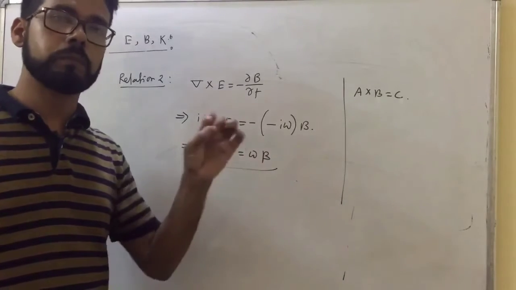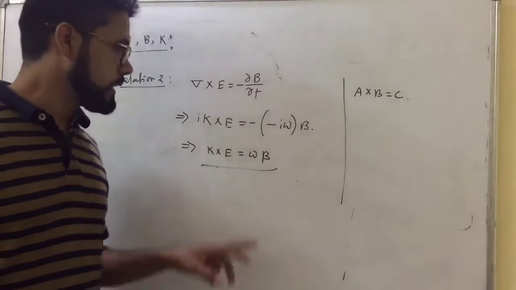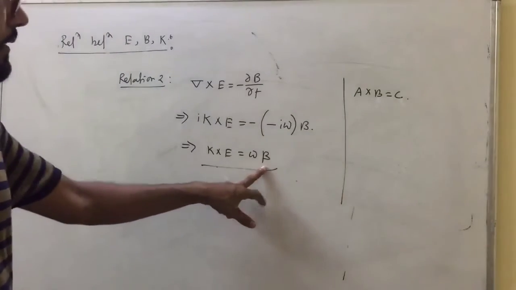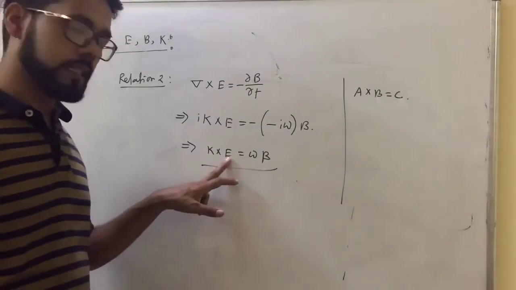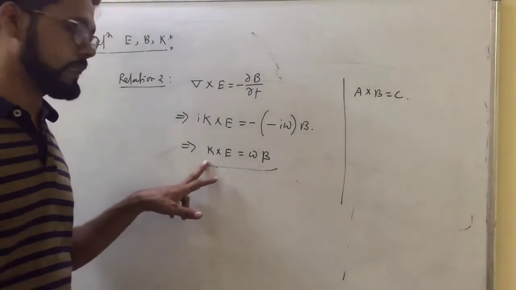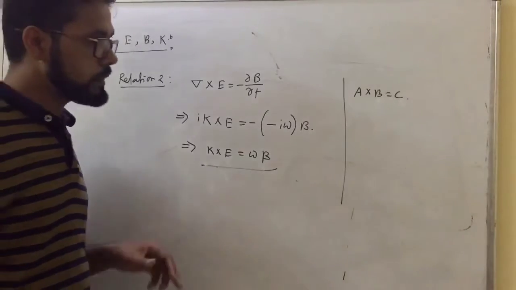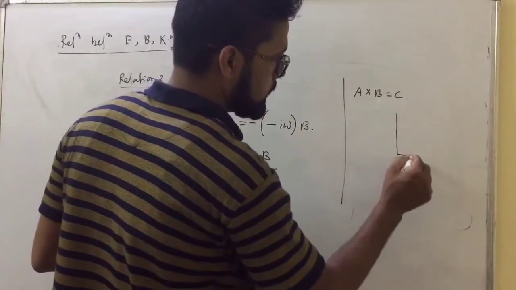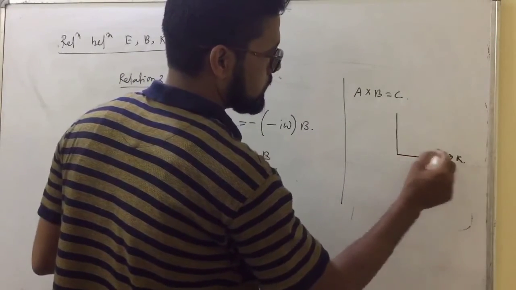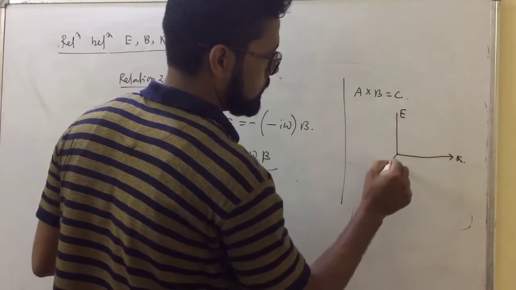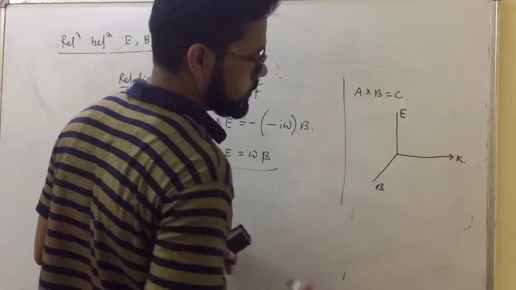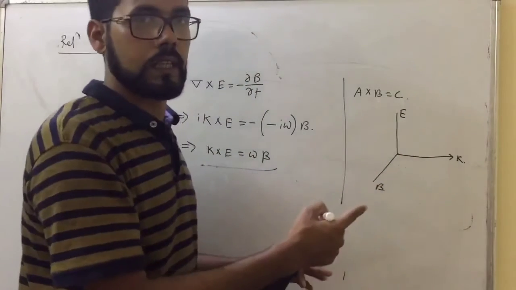Forget about omega. So B is perpendicular to both the electric field as well as the propagation vector. If it is propagation direction k vector, this is E vector, the magnetic field will be like this. So it looks like a rectangular coordinate axis.